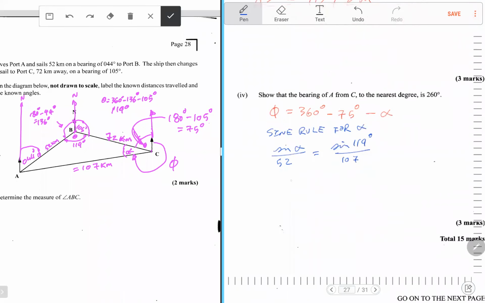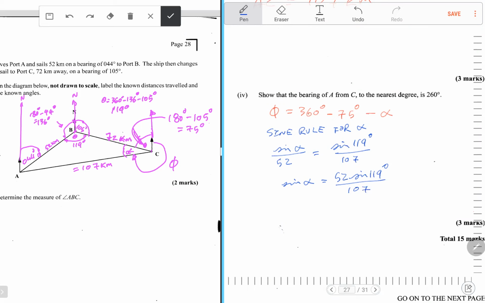And then the sine of alpha is going to be 52 sine of 119 degrees over 107.